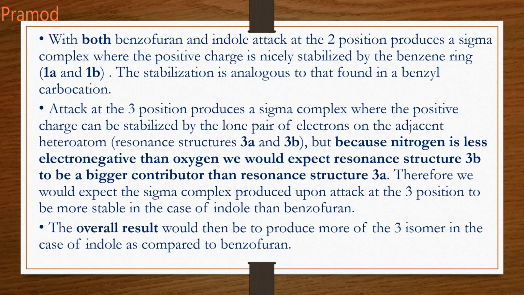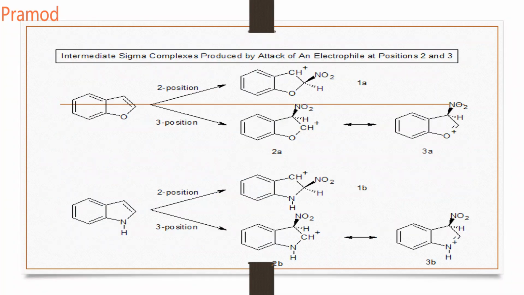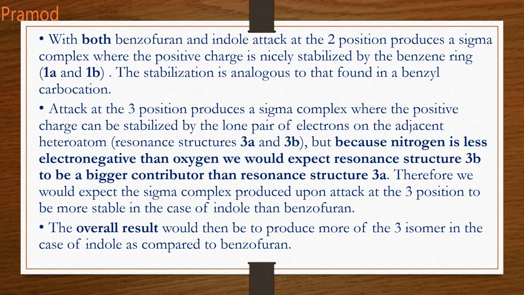Because nitrogen is less electronegative than oxygen, we accept resonance structure 3B to be a bigger contributor than structure 3A, because the electronegativity is less. Therefore, we accept that the sigma complex produced by attack at C3 is more stable in indole than in benzofuran.